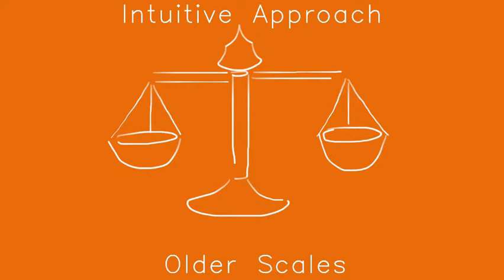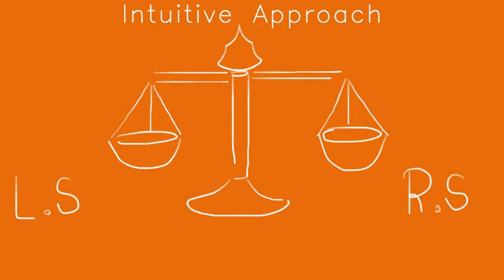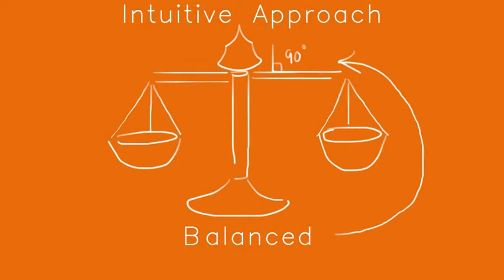They put actual weights which they knew, like 1 kilo or 2 kilos, on the right hand side, and arbitrary vegetables on the left hand side. When the balance was equal, they would say that whatever is on the right hand side is equal to whatever is on the left hand side.